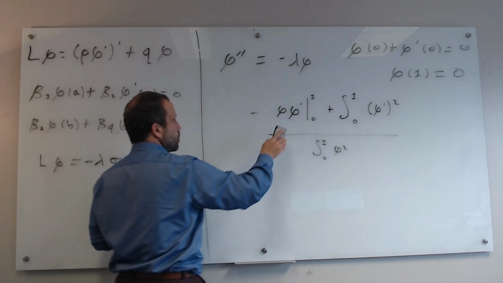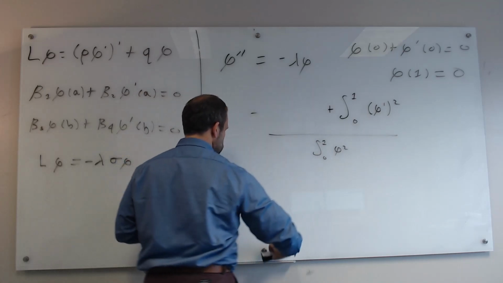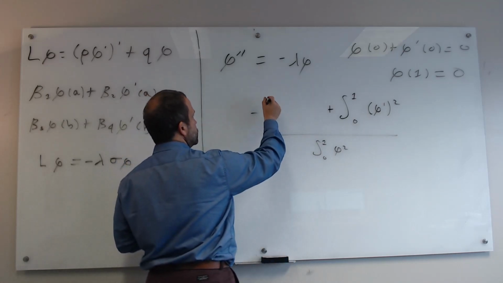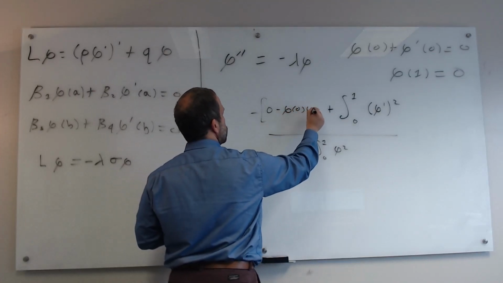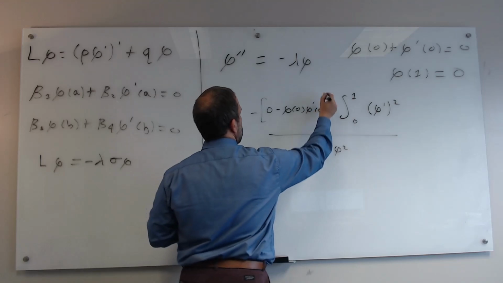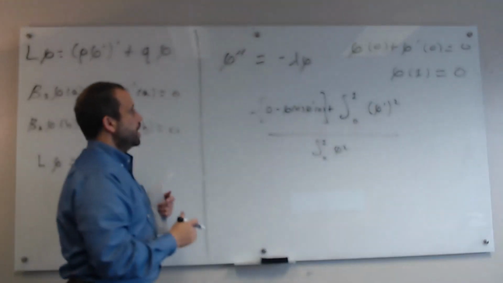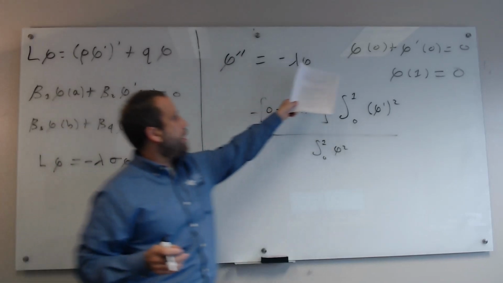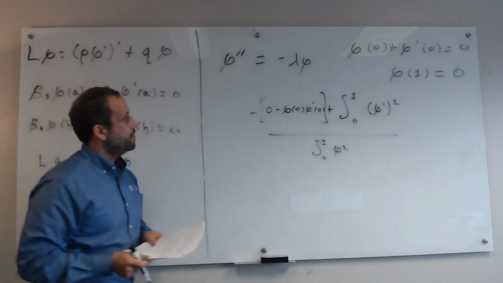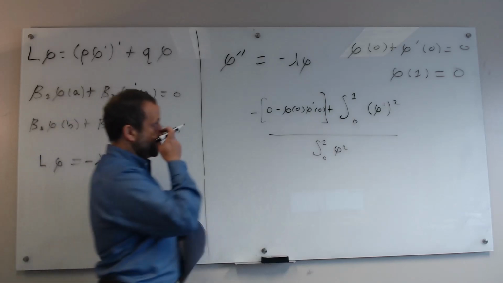So the boundary term corresponding to 1 is 0, and so we have 0 minus phi of 0 times phi prime of 0. Now, by this boundary condition, phi prime of 0 is equal to minus phi of 0.